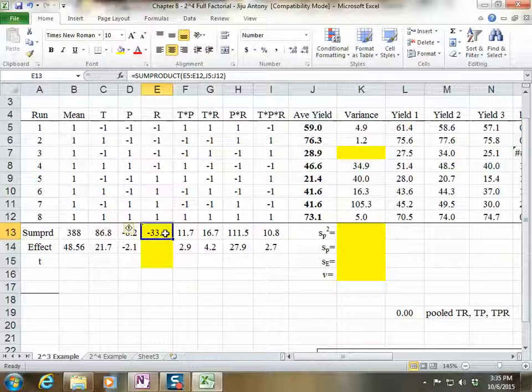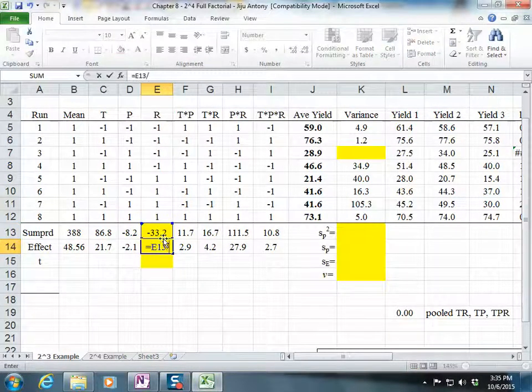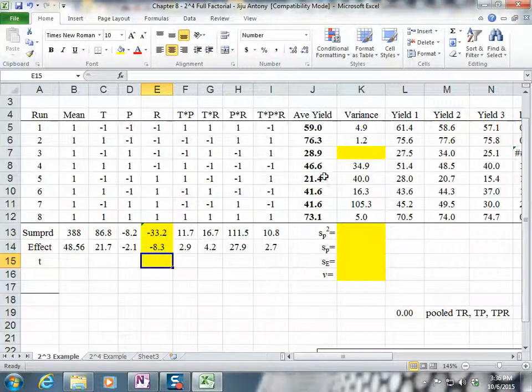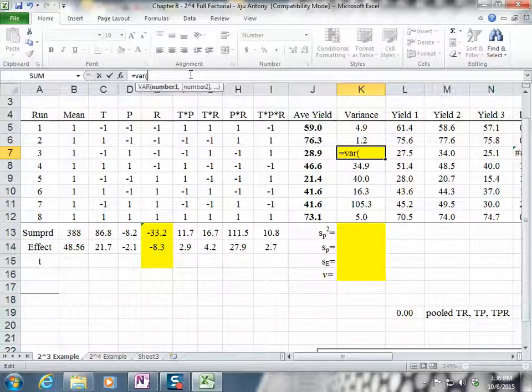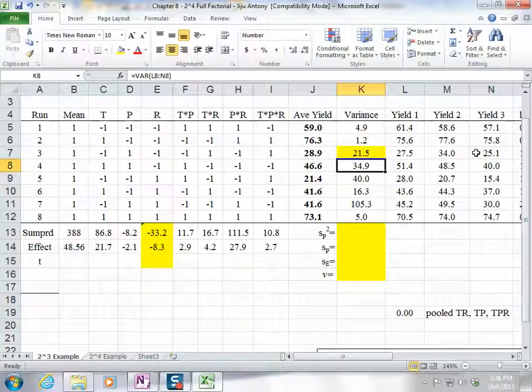Everybody get that sum product? The effect is negative 8.3. Do you get a variance of 21.5 there?